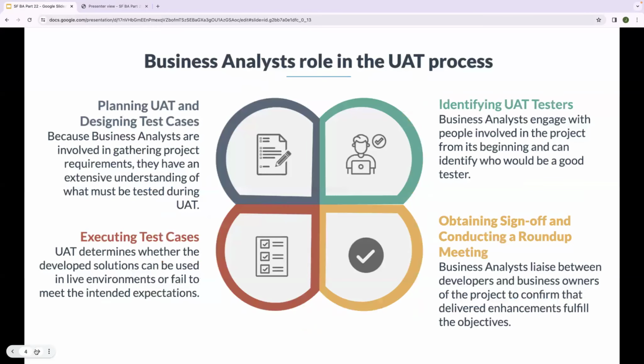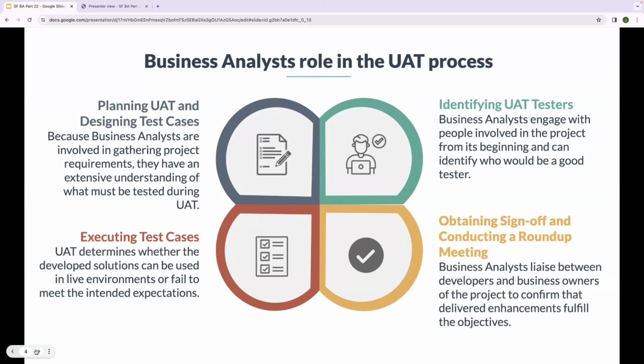Business analyst role in the UAT process: planning UAT and designing test cases. Because business analysts are involved in gathering project requirements, they have an extensive understanding of what must be tested during UAT. Executing test cases: UAT determines whether the developed solution can be used in a live environment or fails to meet the intended expectations.